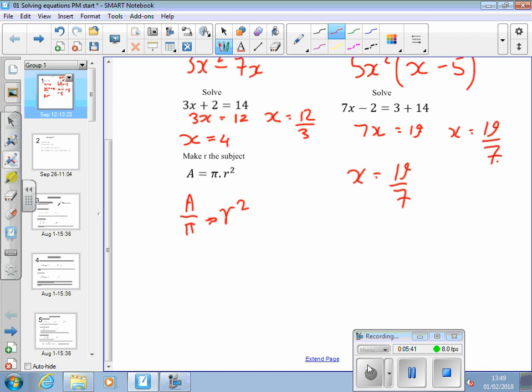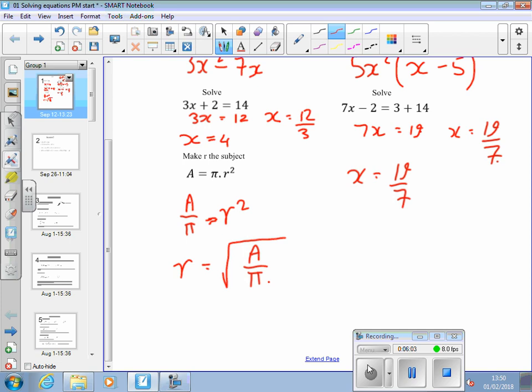So we can say r, as the square root gets rid of the square, is equal to the square root of A over pi.